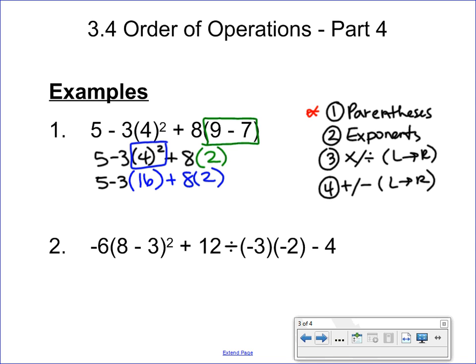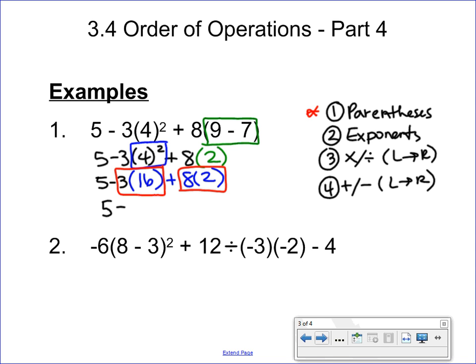So I've completed my parentheses. I've completed my exponent step. Now I'm looking for any multiplication and division. In this case, it looks like we only have multiplication, and there's 2 parts that show multiplication, the 3 times 16 and the 8 times 2. So I'm going to bring my 5 and my minus sign down.